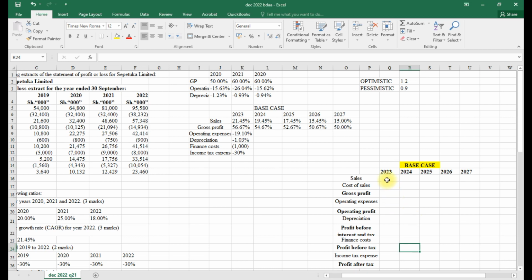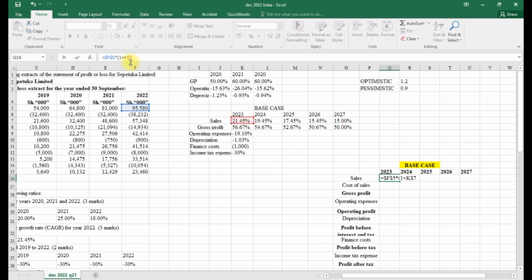So for the year 2023, our sales, therefore we are basing on the year 2022, so we shall have equals to this one, and I will fully lock it with F4 to fully lock that value, and I multiply by, in bracket, 1 plus our growth rate will be this one. Yeah, our growth rate will be this one, and now this one I lock it partly. I'll shift dollar sign to lock only 7, and I close the bracket.